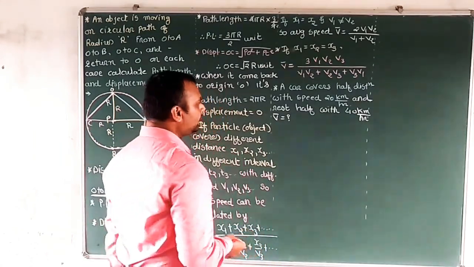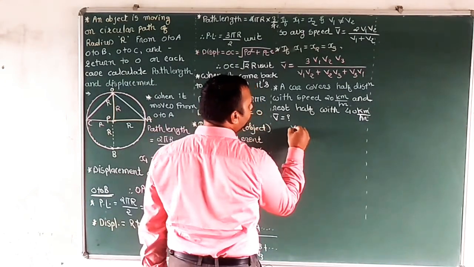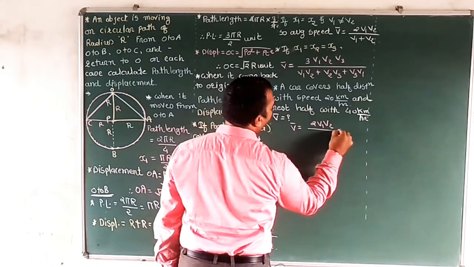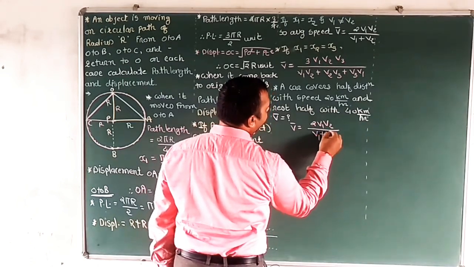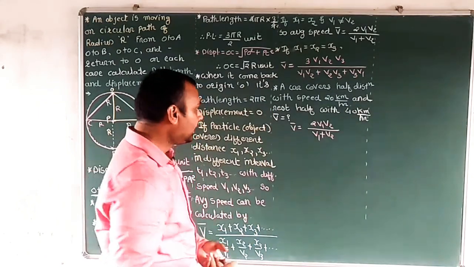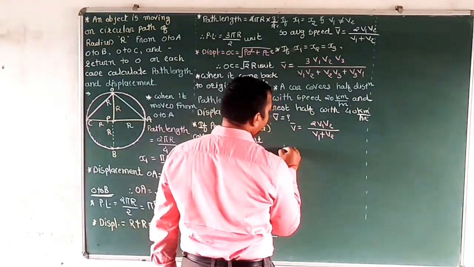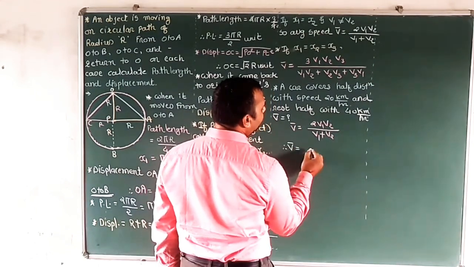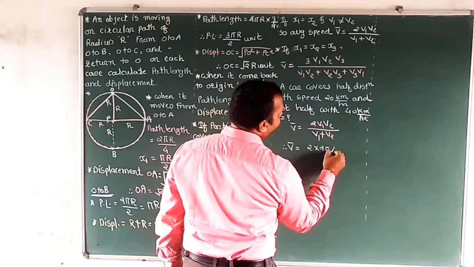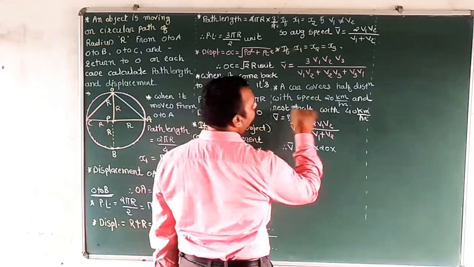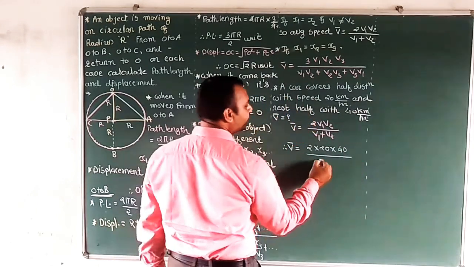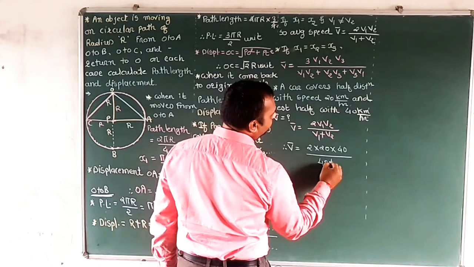Okay, so here average speed is equal to 2 V1 V2 divided by V1 plus V2. We have the direct formula and place the values. So therefore V bar is equal to 2 into first speed 20 multiplied by second speed 40 divided by 40 plus 20.